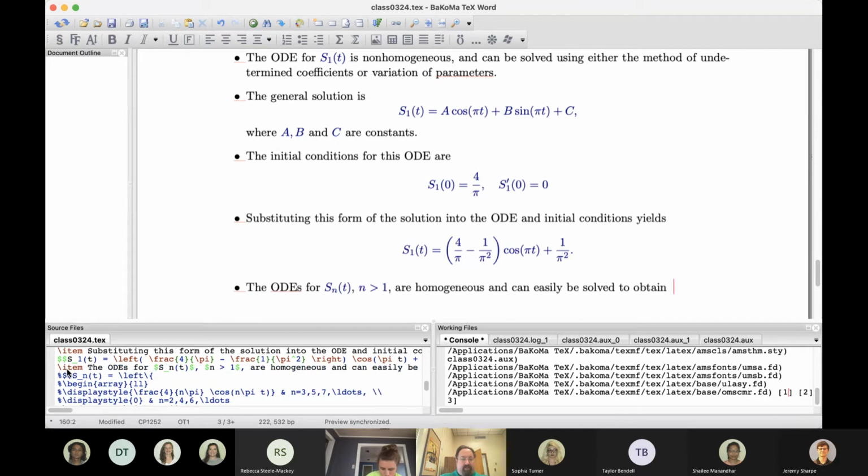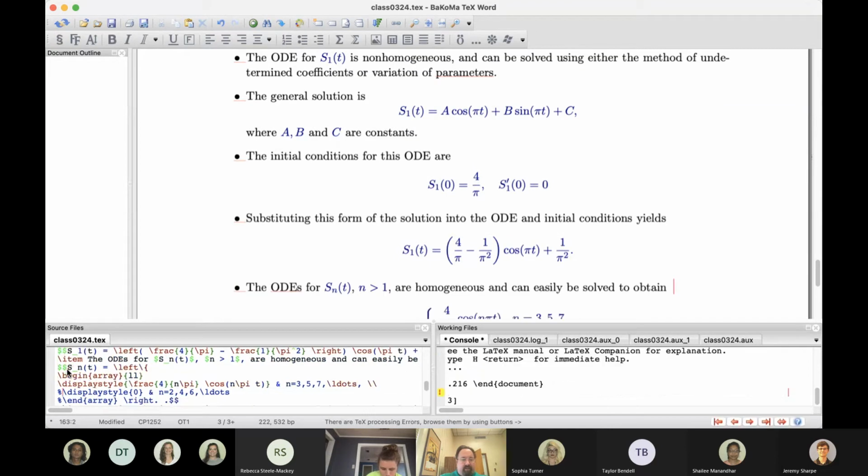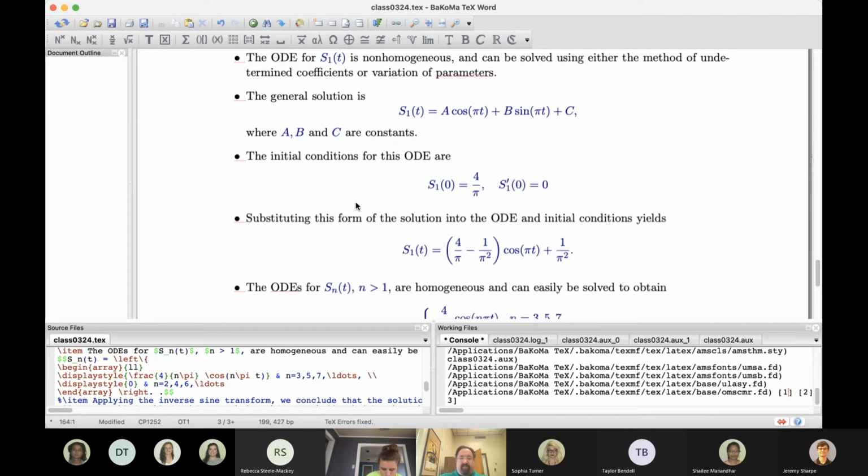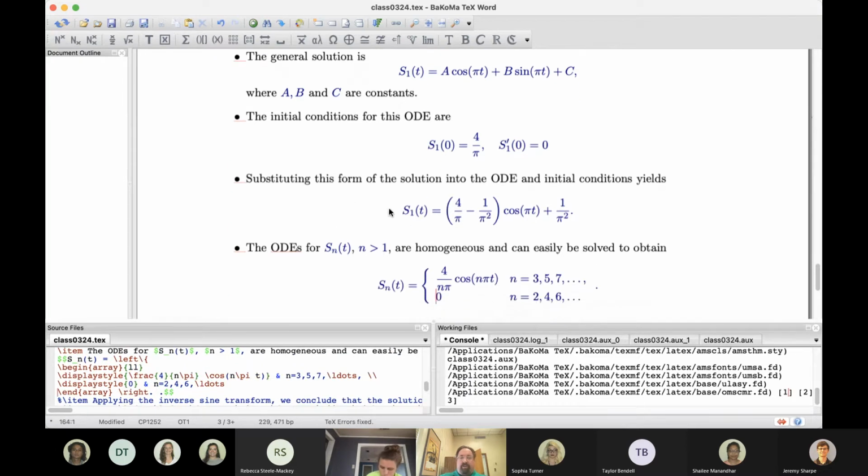Now what about n greater than 1? Those are homogeneous ODEs, so those are easier to solve. You just get a constant times cosine n pi t.